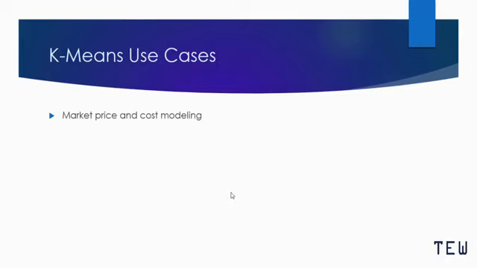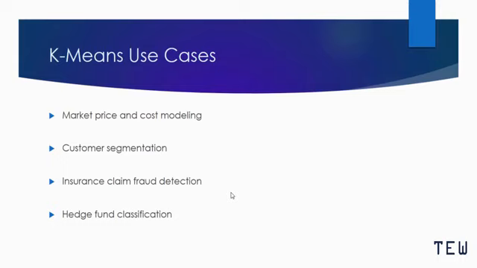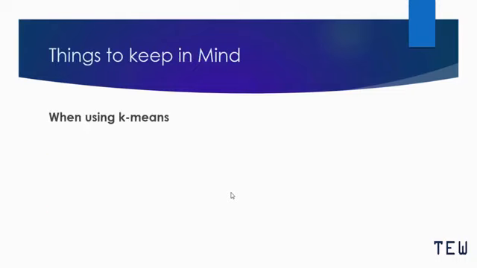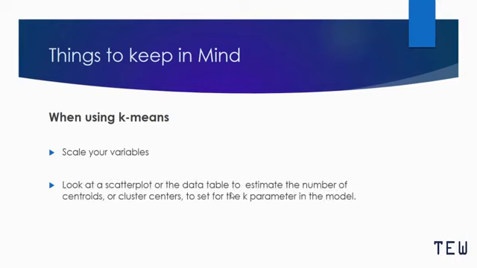Some popular use cases for k-means clustering are market price and cost modeling, customer segmentation, hedge fund classification, and insurance claim fraud detection. There are a few things you need to keep in mind when you are using the k-means model. The first thing is you always need to scale your variables before clustering your data.